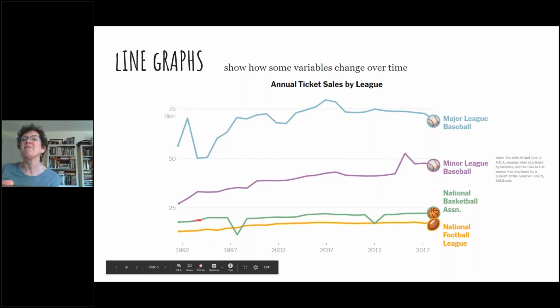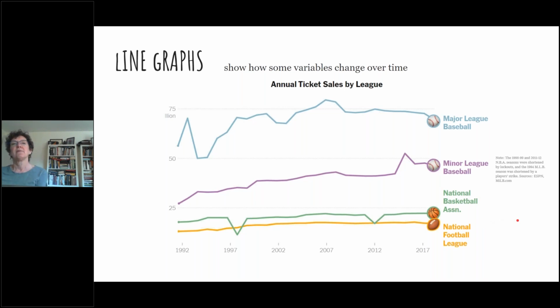It's not real specific. Just looking at this, it's telling us in general what happened to annual ticket sales for different professional leagues.